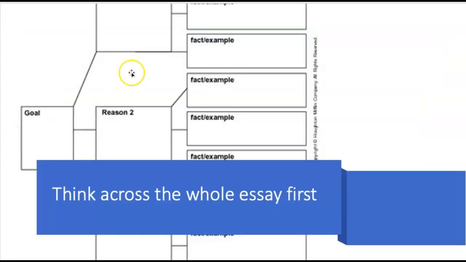Now, just want to start again with reinforcing the importance of this point, okay? Before you begin writing any of the paragraphs, it is absolutely essential that you think across the whole of the essay first. I've used this diagram here to give you a rough idea of what I mean.